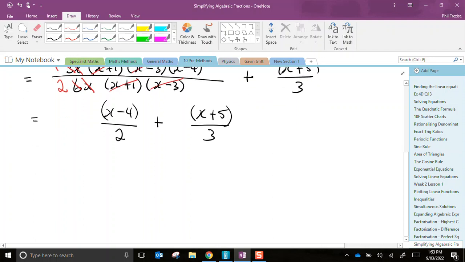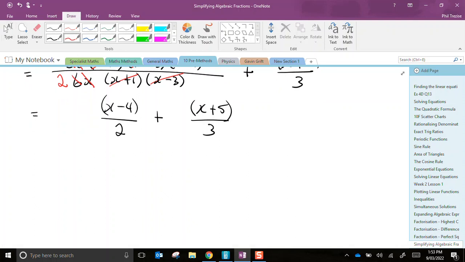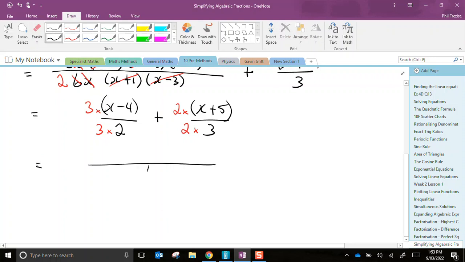Nothing's changed there. Now, adding fractions needs a common denominator, and the quickest way is to multiply the denominators together, isn't it? So if I go 3 multiplied by on the top and bottom of that fraction, and 2 times on the top and bottom of this fraction. Oh, sorry, that should have been a black equals sign. And now what do we have? 2 times 3 is a common denominator, 6.